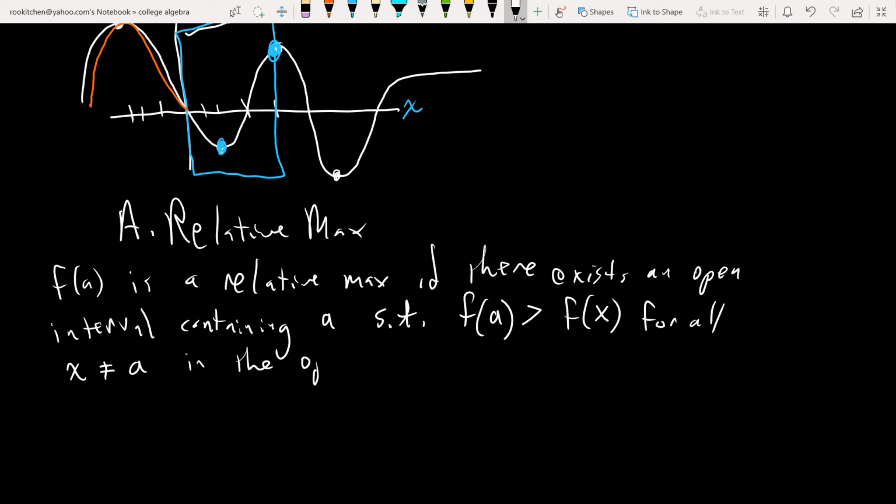Okay, and then we have the relative min, which has the same sort of definition.